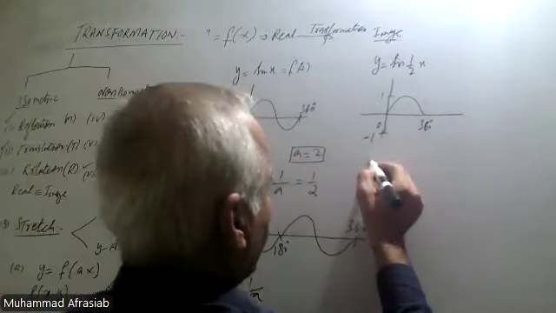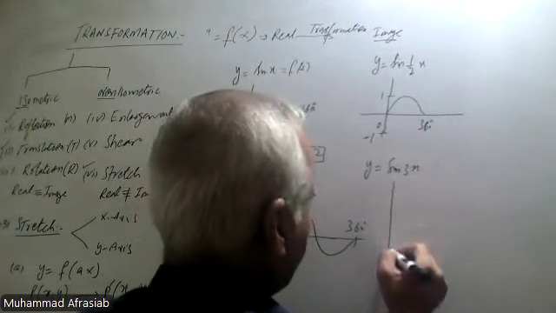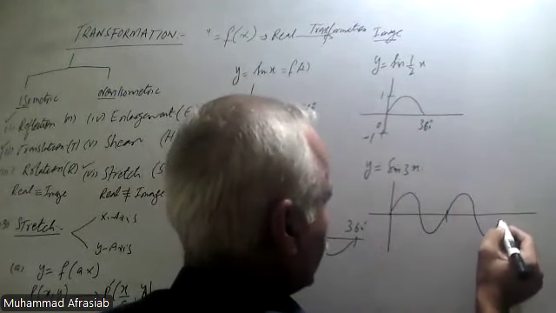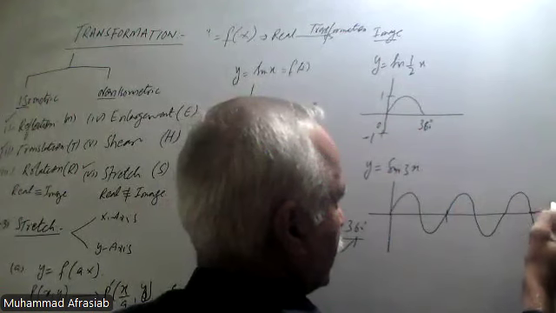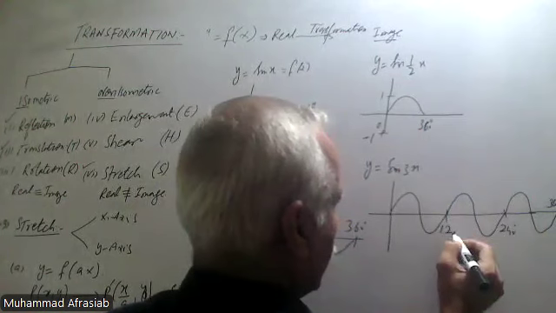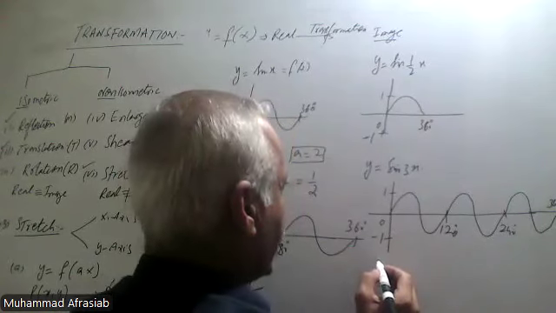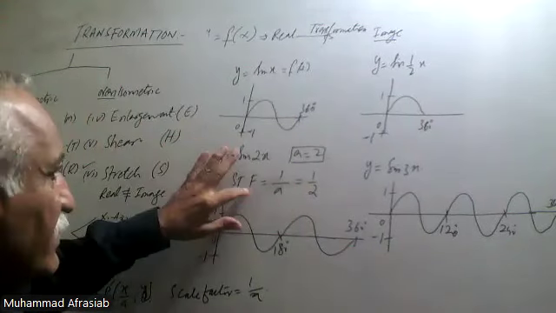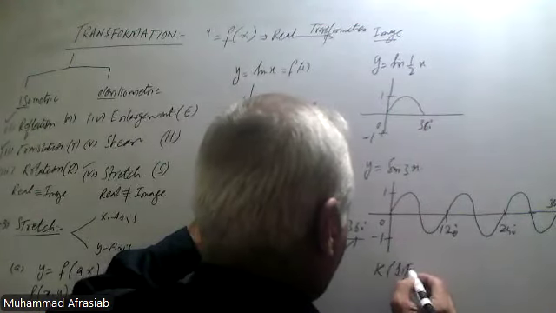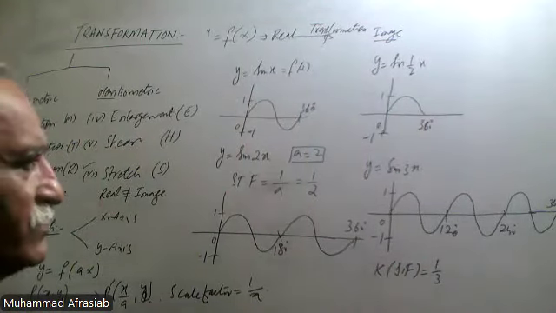If the graph is like this, sine of 3x, then 3 cycles will be there. So the stretch factor here is 1 over 3. Our k value, which is the stretch factor, is equal to 1 over 3. So 3 times it is being repeated.